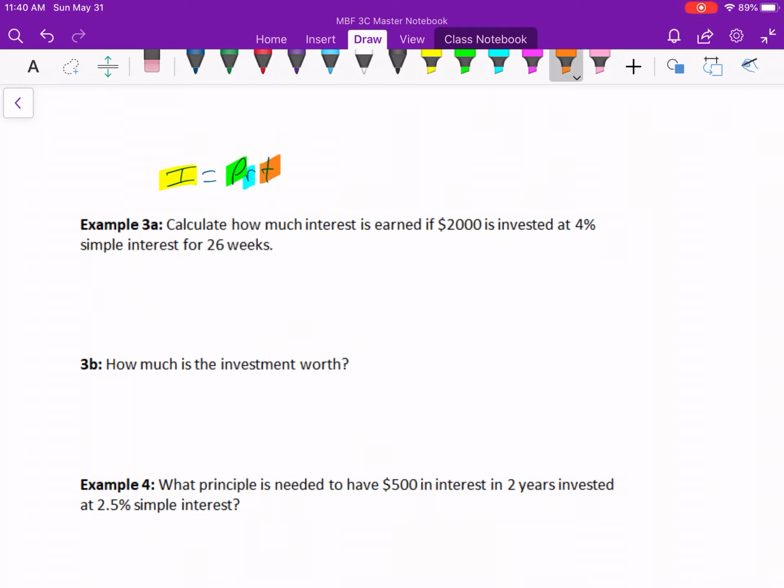All right, so calculate how much interest is earned. In other words, they're asking us to find I. If $2,000 is invested, that's just our P value. 4% simple interest has to do with the rate, and it's telling us that R is equal to 0.04.